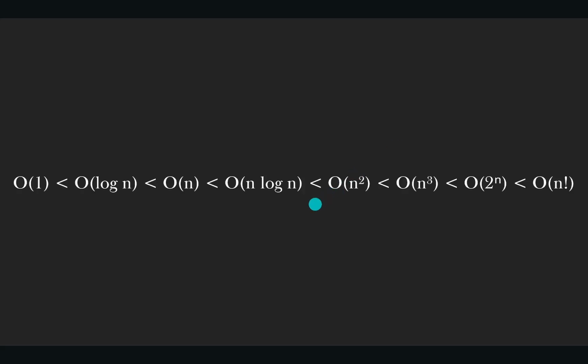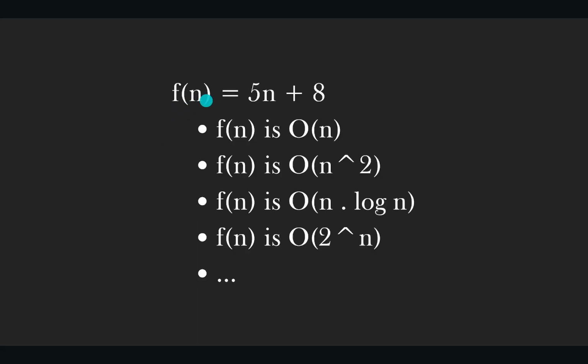In our previous example, we said fn is O of n, which means n acts as the upper boundary of fn. That means these functions which are greater than n also act as the upper boundary of fn. So technically all these are correct as well.